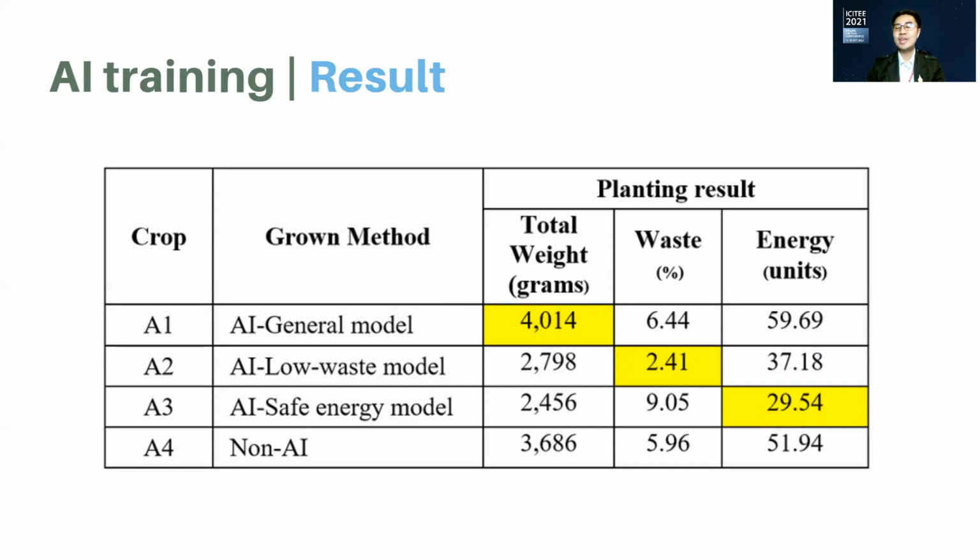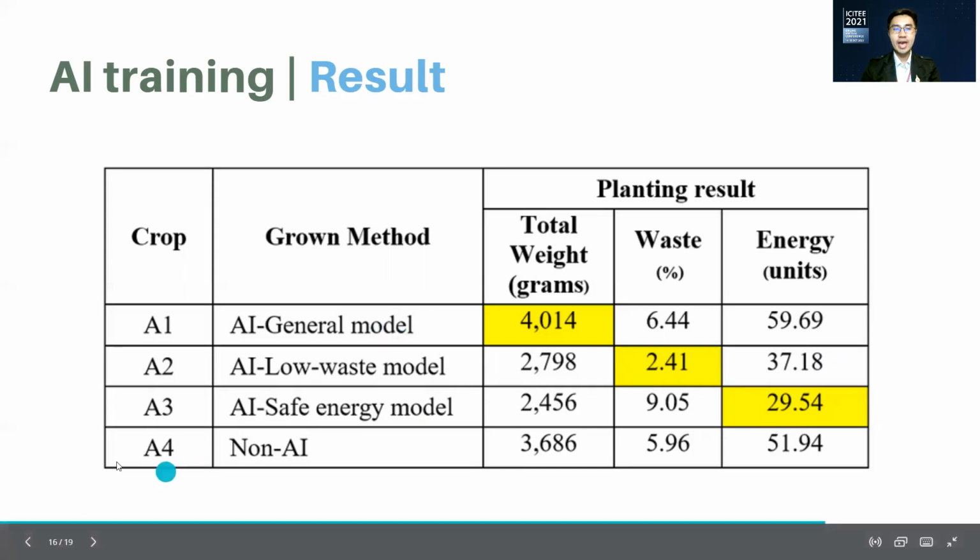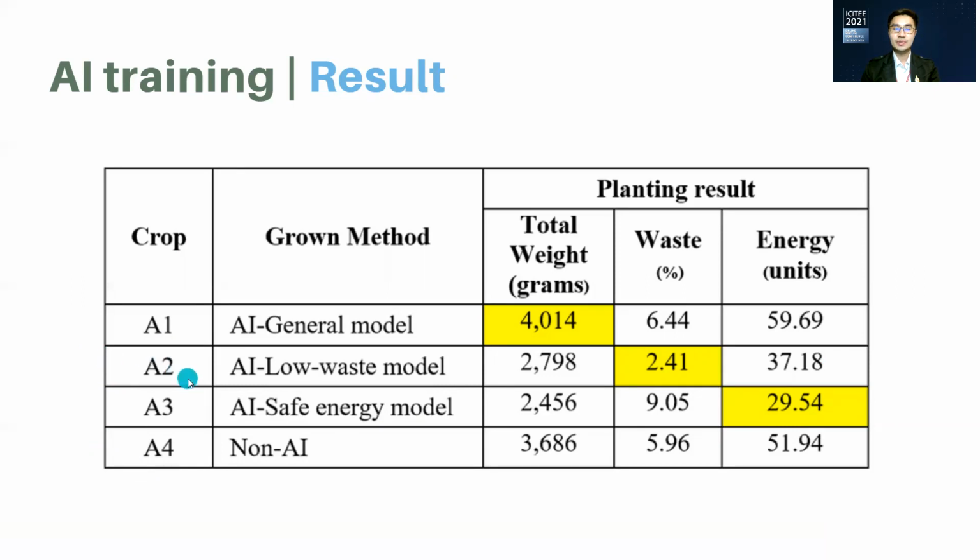For the final experiment, we use the automated AI model to plant our plants, and we have 4 experiments. The first one is using the AI general model. You can see that when we use the AI general model, the total weight is the highest.